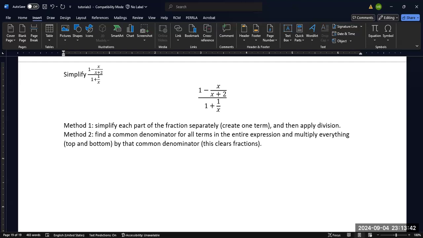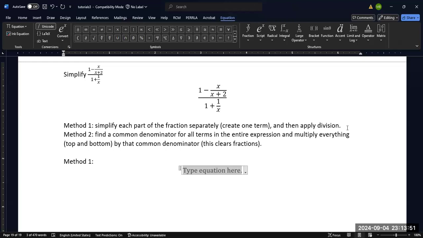All right, so let's look at this from method one first. So for method one, we're first going to take each piece of the fraction. So 1 minus x over x plus 2. And what I'm going to try to do is turn this into a single fraction, a single expression, not with an addition and subtraction in between the two terms.